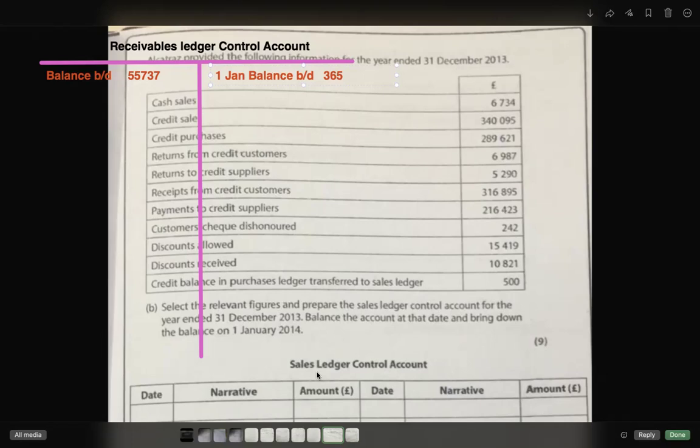So now, why are there two balances BD? These balances BD, what do you think? Whose account is this? Receivables. So who owes money to whom? Do receivables owe money to the business, or does the business owe money to the receivables? Tell me.